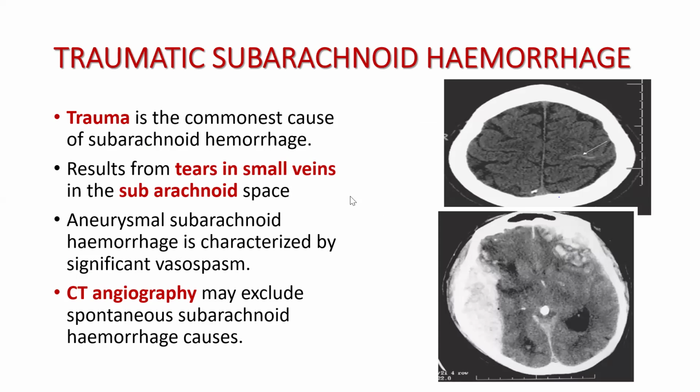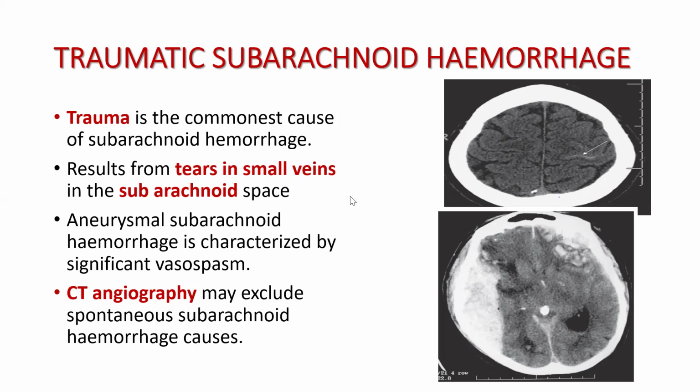So we will continue and now look at traumatic subarachnoid hemorrhage. For subarachnoid hemorrhage, trauma is the commonest cause, and it results from tears in small veins in the subarachnoid space. Aneurysmal subarachnoid hemorrhage is also there, but trauma is the commonest. There will be vasospasm, and some people are able to identify that vasospasm on the CT.